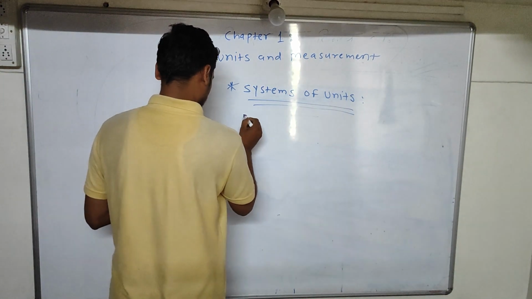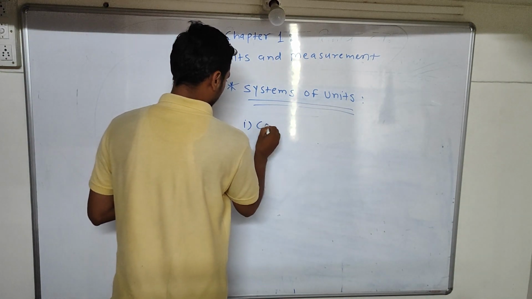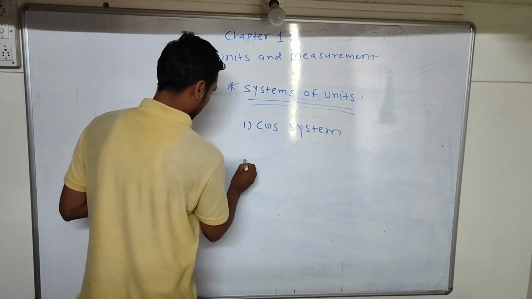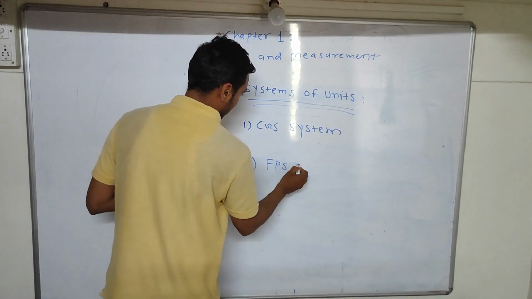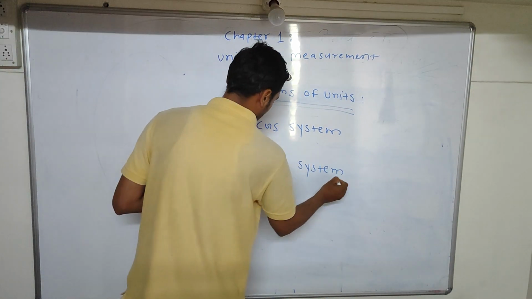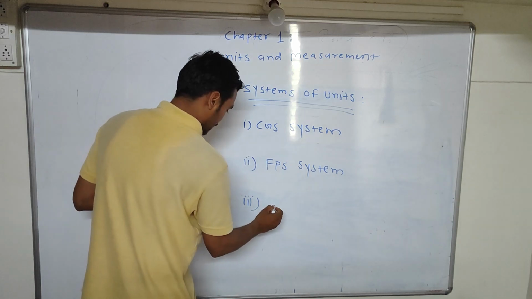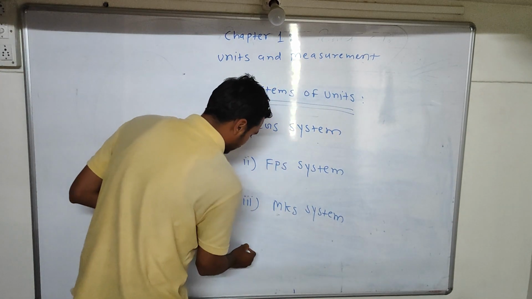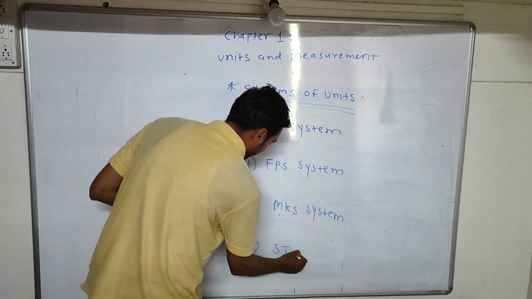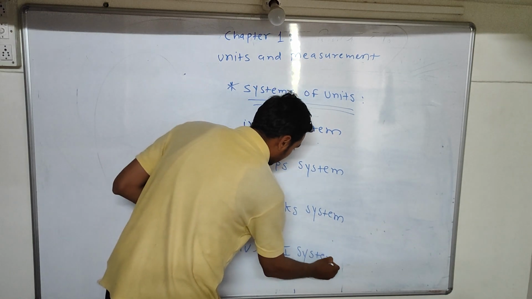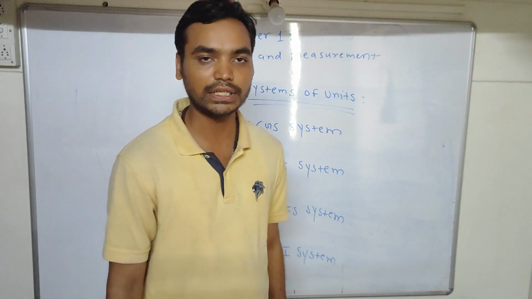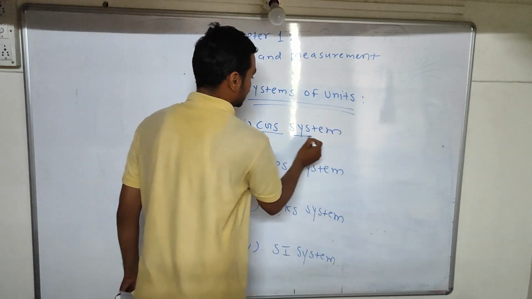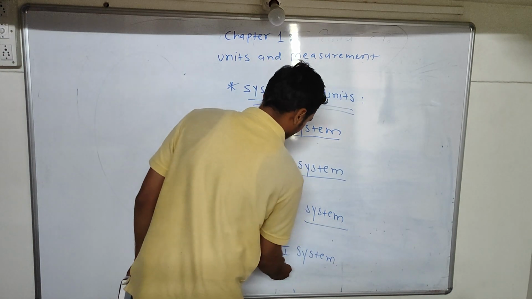There are different types of the system of units used here. First one is the CGS system, then FPS system, then MKS system, then SI system.